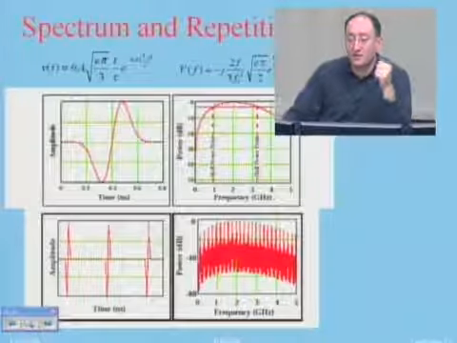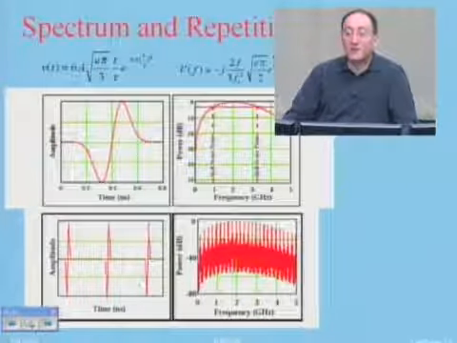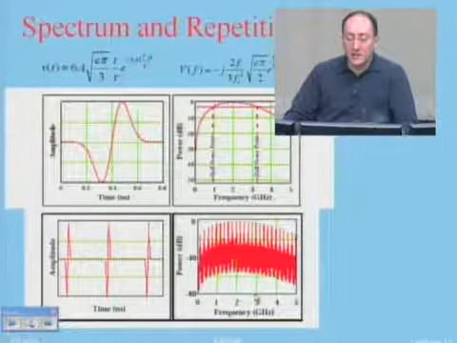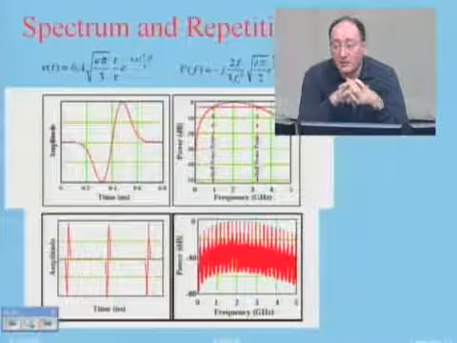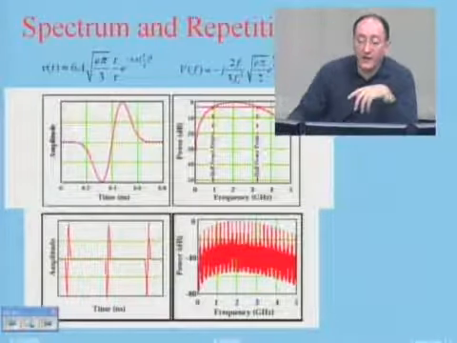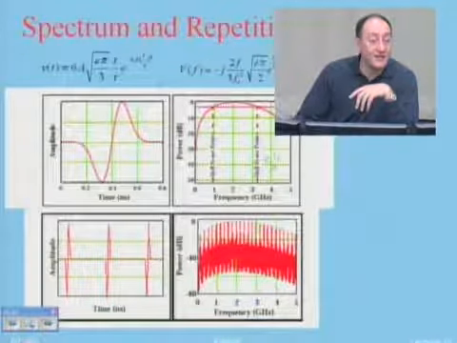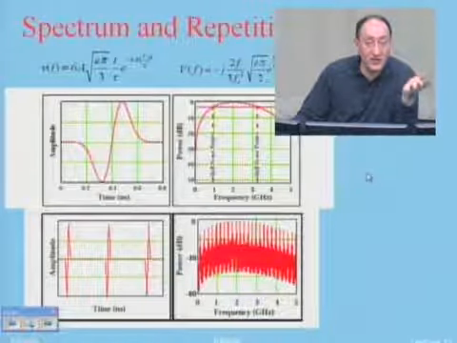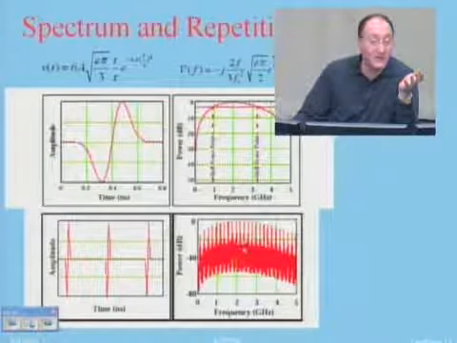This is time domain, frequency domain, and what happens when I repeat the pulse. This is just the basic idea, some basic intuition: if I repeat the pulse, my bandwidth stays the same. Bandwidth doesn't change, but ripples on the bandwidth go a little bit up and down.